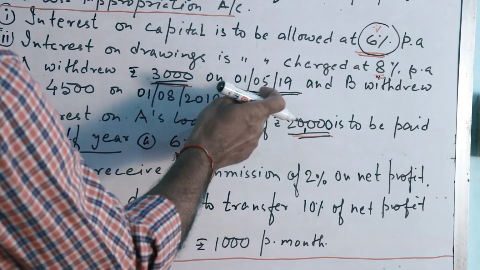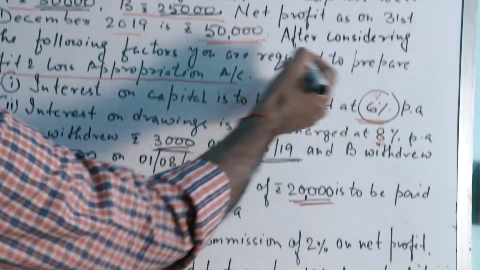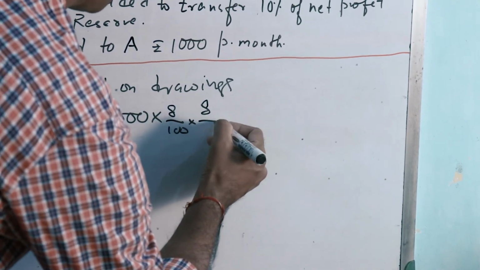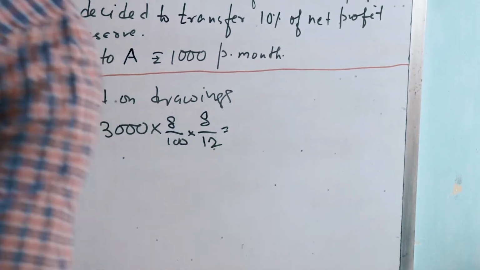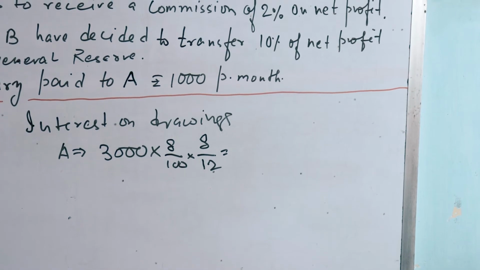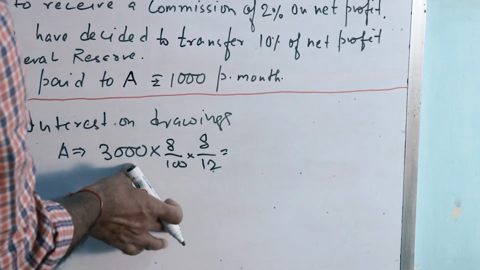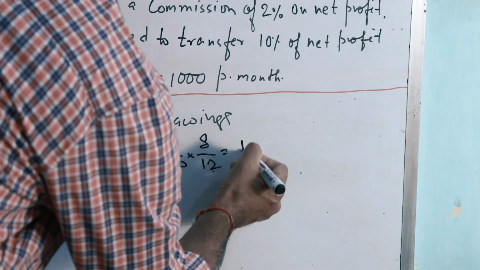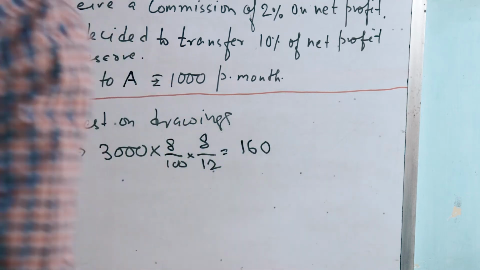From 1st May to 31st December 2019. So it becomes 8 months. What will be the amount? Interest 160.